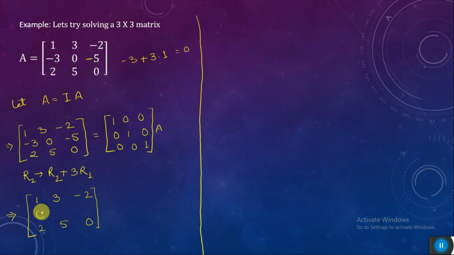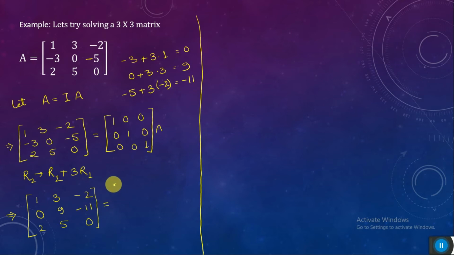This one, row 2 is 0 plus 3 times row 1 is 3, so this is 9. And this one, row 2 is minus 5 plus 3 times row 1, row 1 is minus 2, so this is minus 11.